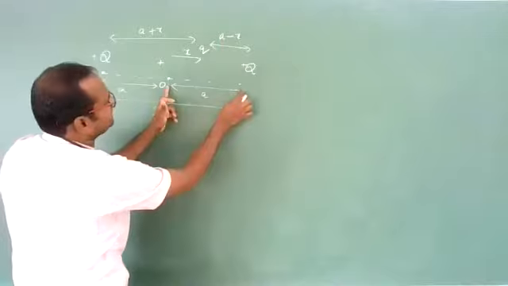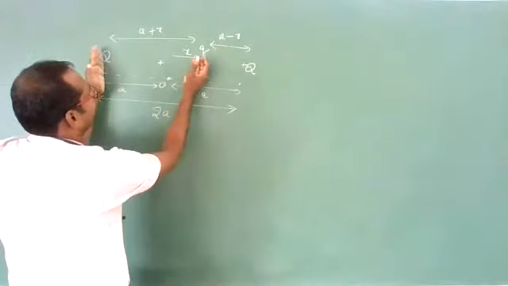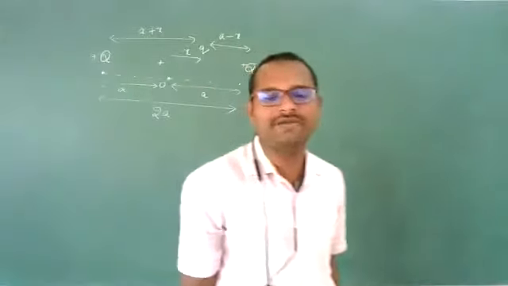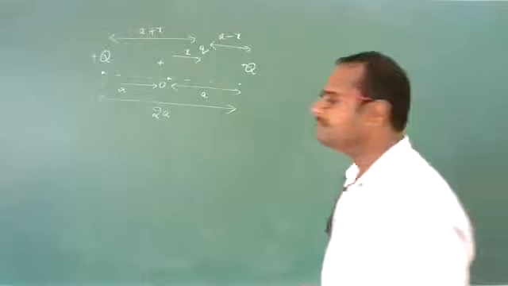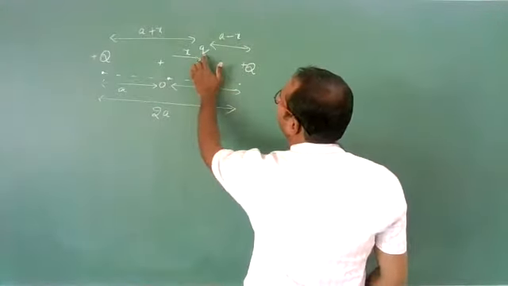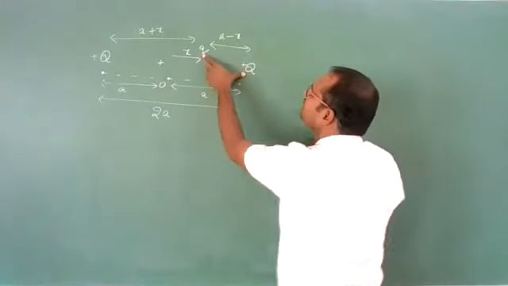Total is a and this displacement is x, so this will be a minus x and this will be a plus x. Clear enough? Now in this condition, what happened to the forces? Check.